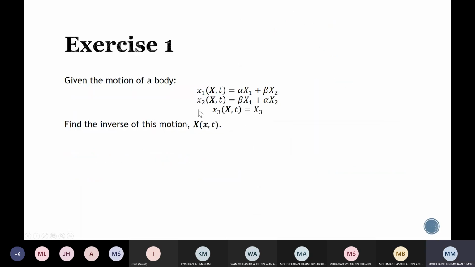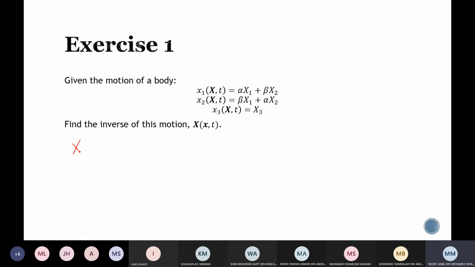Okay, so let's look at this exercise. Given the motion of a body, small x1 equals alpha big X1 plus beta big X2, small x2 equals beta X1 plus alpha big X2, and small x3 equals big X3. Find the inverse of this motion.